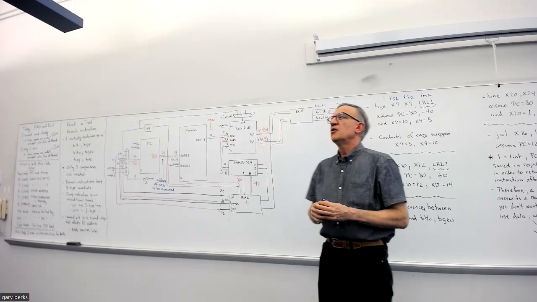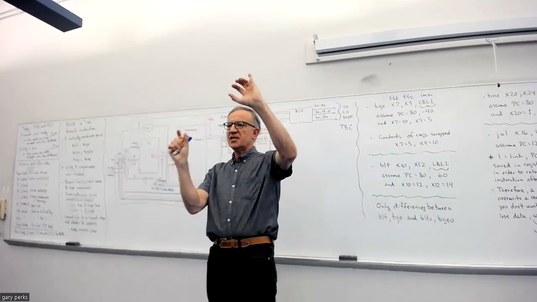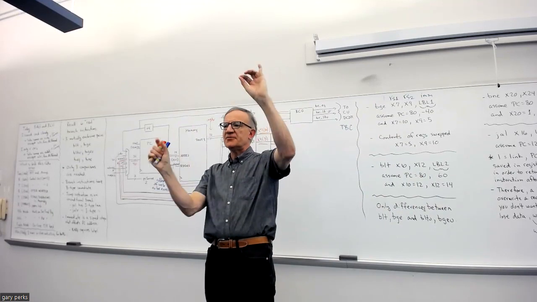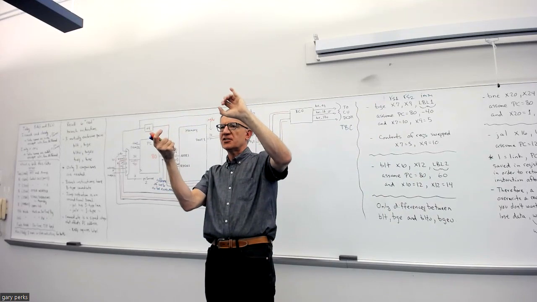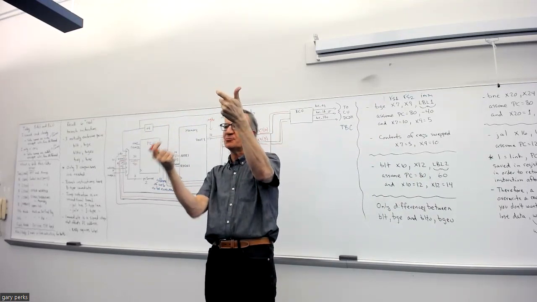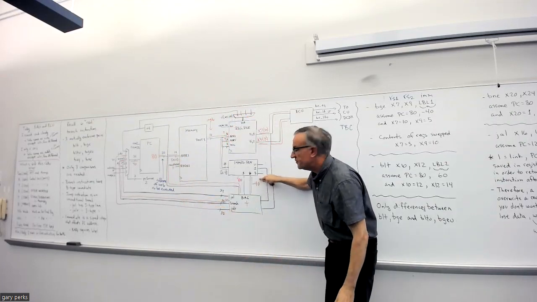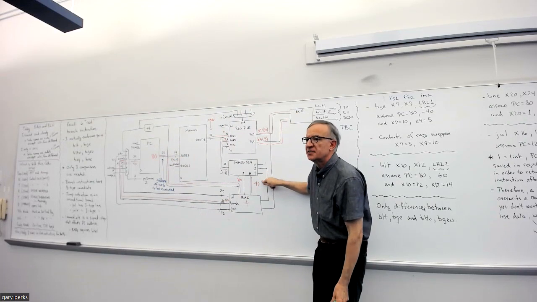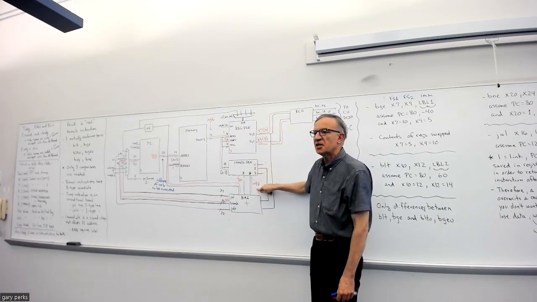Well, what the RARS software is doing is, wherever you put the labels, it's figuring out the difference in address between the branch instruction and the label that you're branching to. But it's the hardware that's figuring out what that number is. Yeah, this piece of hardware is generating this number.